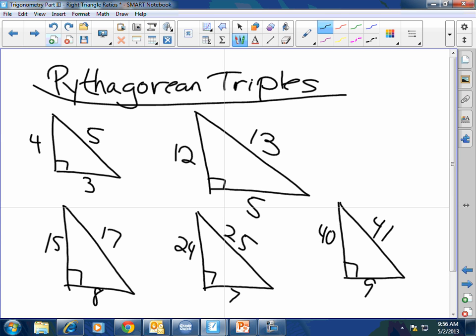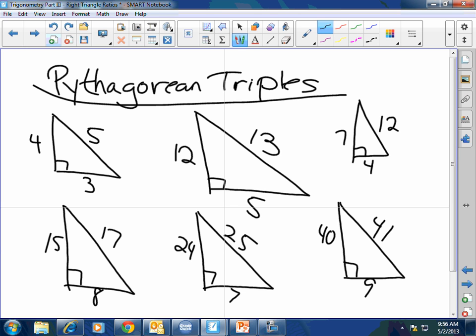What my boy is asking is, can you just put any numbers in there and they're going to be triples? No. I can just make up numbers, 4, 7, 12.